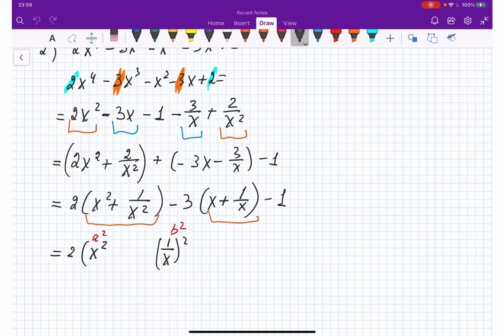So I'm going to complete it, make the perfect square, which is missing 2ab, right?